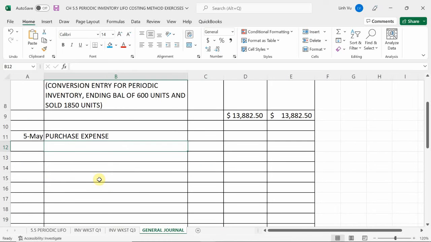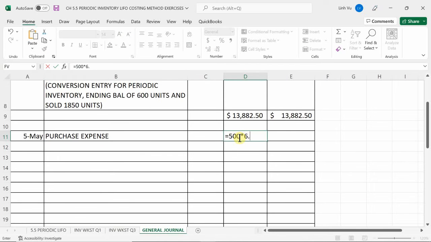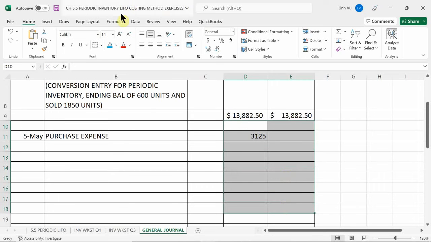If I purchased my item at 500 units at $6.25, what else do I need to include?